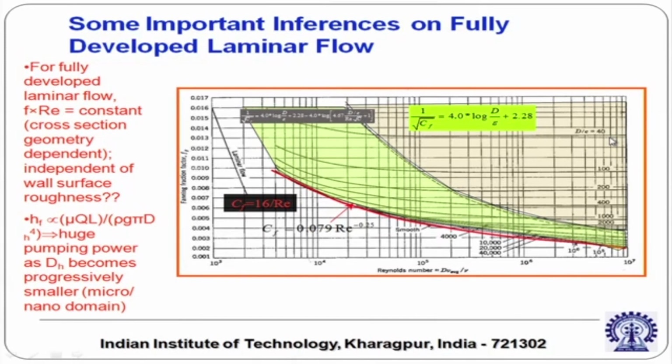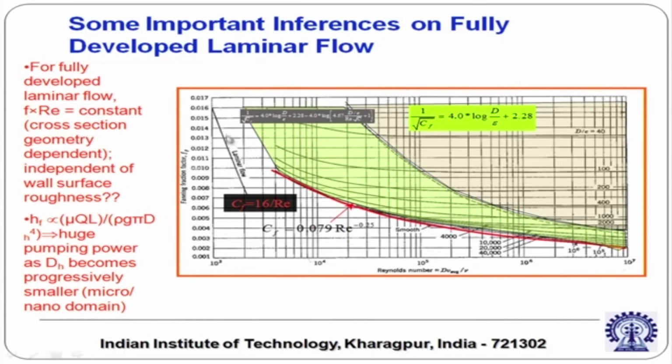Then basically we are operating in microfluidics in the low Reynolds number regime, and in the low Reynolds number regime you have laminar flow. So, this figure is for a circular geometry. So, f was 64 by Re, so Cf is f by 4, so 16 by Re, that is this. So, in the log plot it is a straight line.